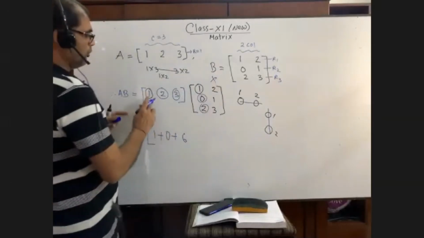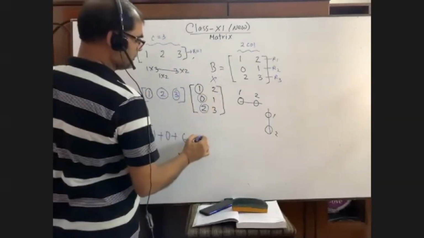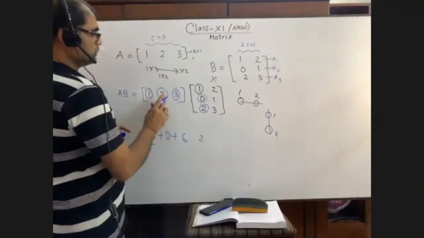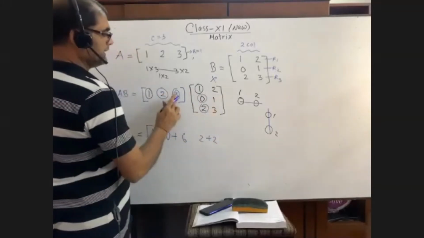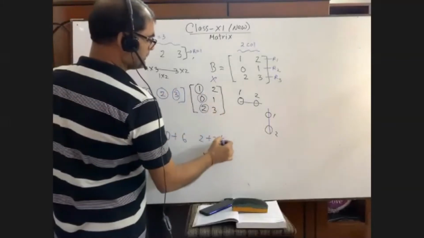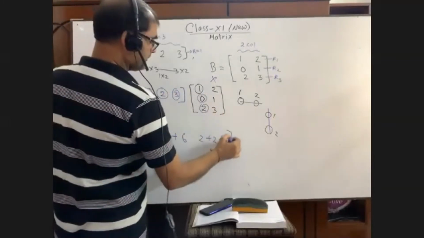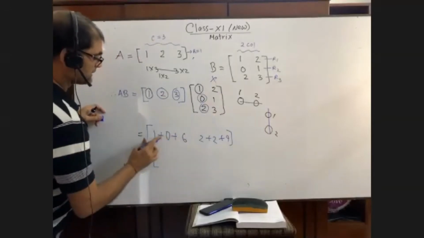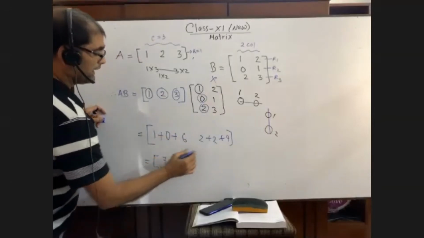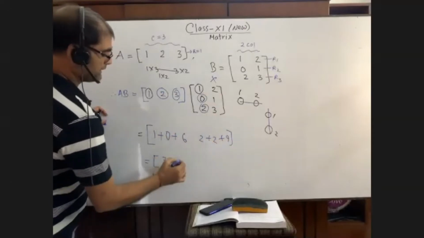You see, 1 into 2, that is 2. 2 into 1, that is 2. 3 into 3, that is 9. So we are getting 1 plus 6, 7, and here 9 to 11 to 13.